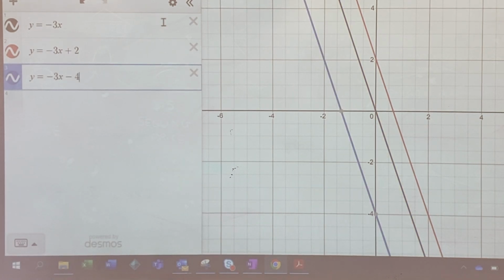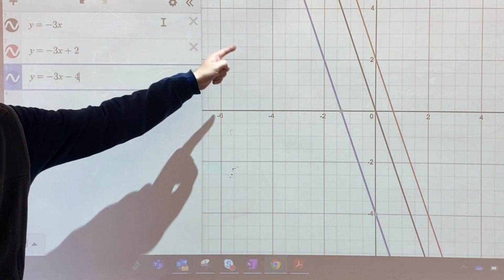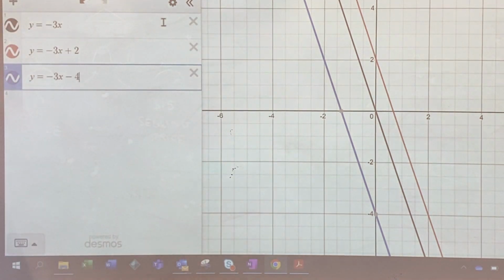Based on what we discussed just now, does that pattern still hold? Is the gradient the same? Yes, obviously: minus 3, minus 3, minus 3. What did we notice about the lines? They're parallel to each other, right?